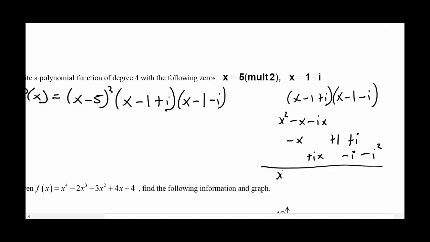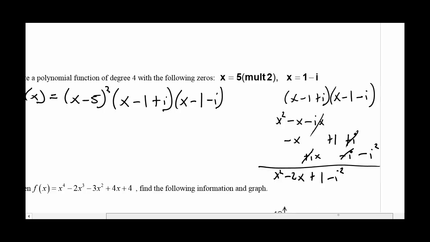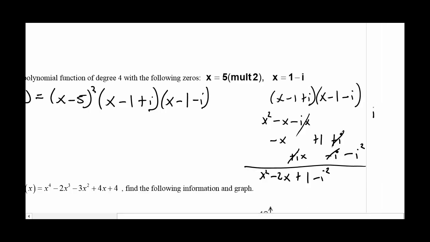Alright, so that's x squared minus 2x. The ix's are gone. Plus 1. The i's are gone. So minus i squared. Now hopefully your math senses are tingling because i squared is actually -1. So I can swap that out with a minus a -1, which is really plus 1, right? So those together become 2.